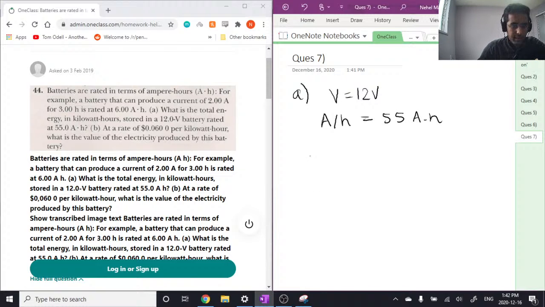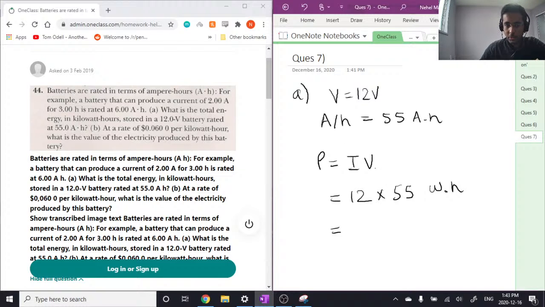So this question is fairly straightforward. If you recall the formula for power in electrical terms, it is equal to IV. In this case, we are given V to be 12 and I is given in terms of ampere hours, which is 55. This would give us a value which is in watt hours. So that value would be 12 times 55, which is 660 watt hours.